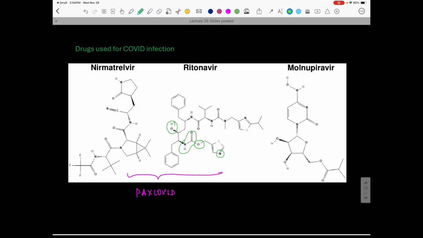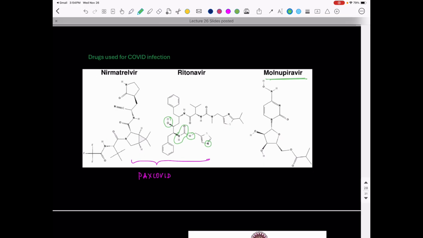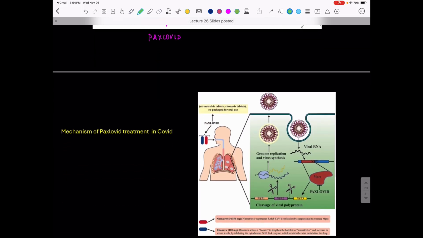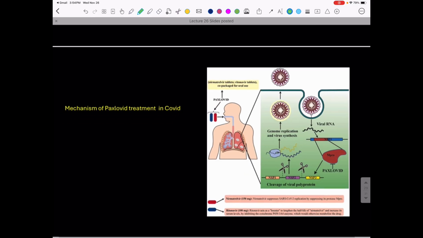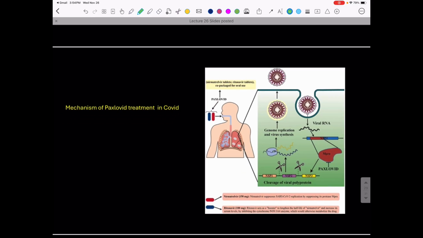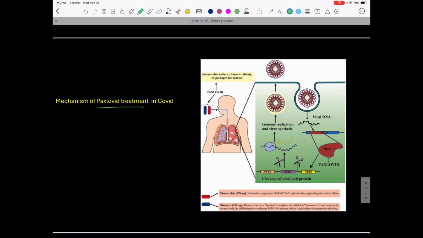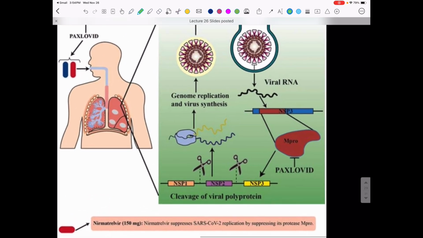These are other drugs that have been tested, and they're in the process of being approved as oral COVID antiviral agents for treatment of COVID. The way Paxlovid works is that it is specific for the M protein that is produced on the surface.